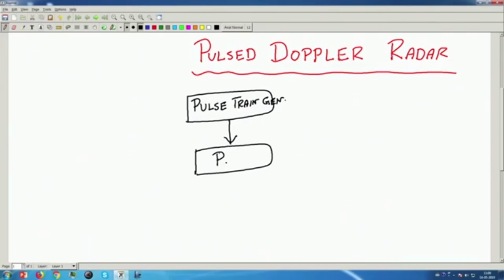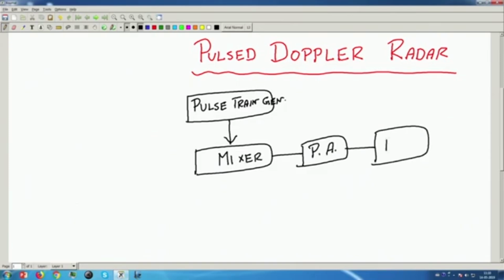First it will be put to a mixer, and also after this there is a power amplifier, and then it is given to a duplexer.